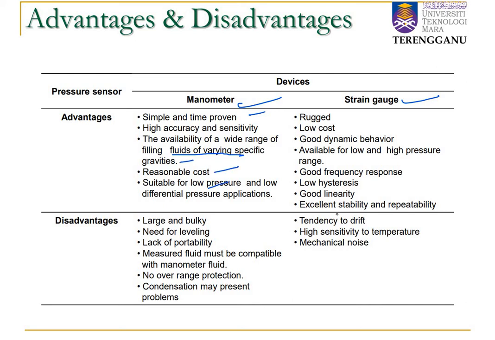Strain gauge is low cost, has good dynamic behavior, good linearity. So when you look through the video of the working principle of manometer and strain gauge, you can see the advantage of each of the devices.